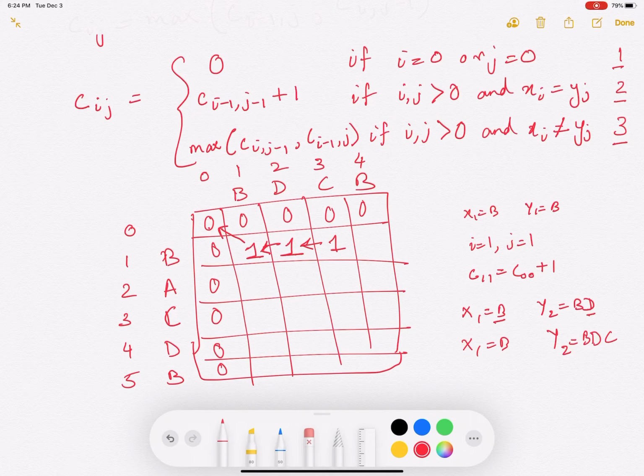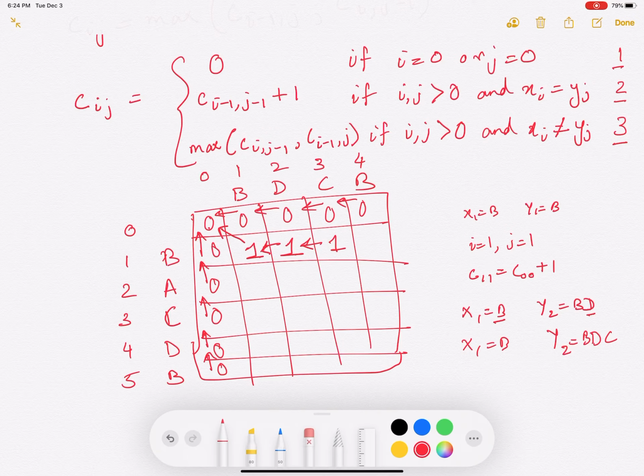I'm just going to fill out these with the zeros as well, and put the arrows so that it helps you understand. If you just solve it, you will know that this is the direction of the arrows.